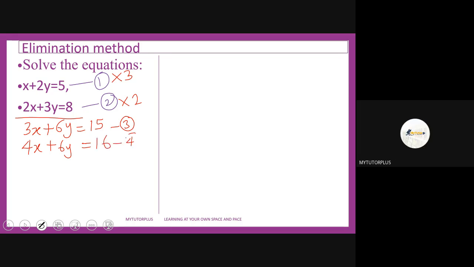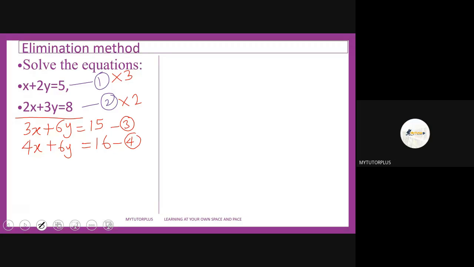Now, our attention is shifted to equations 3 and 4 alone. Someone wrote elimination method on top. Yes, that's what we are doing. We are not doing substitution yet. The elimination method is where we want one letter to be cancelled out.